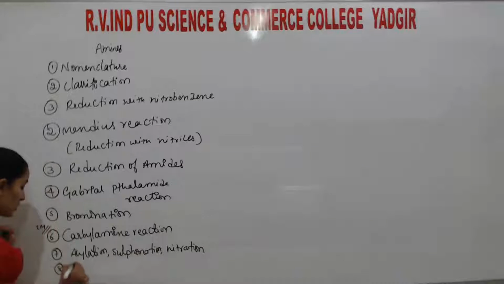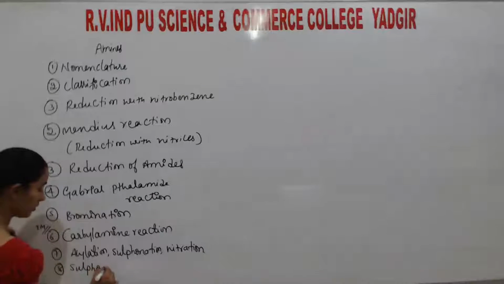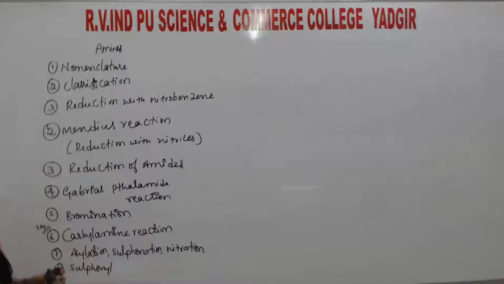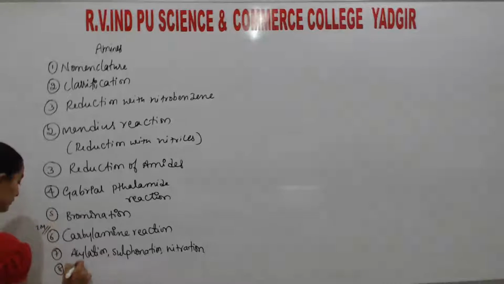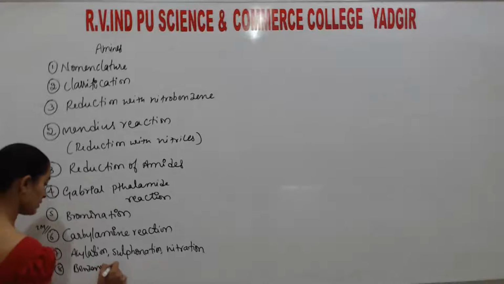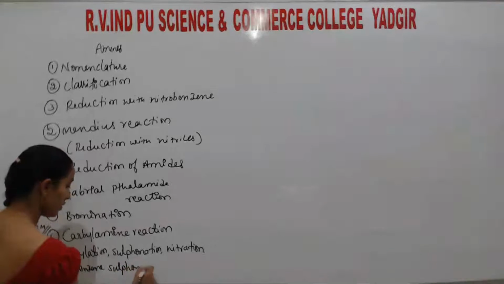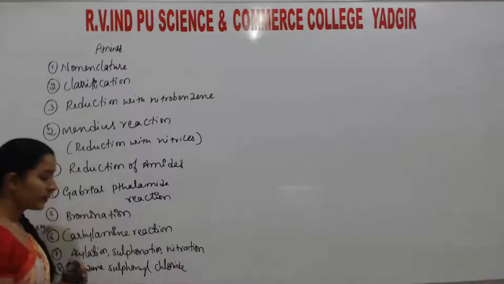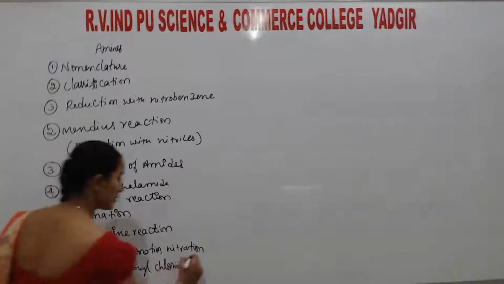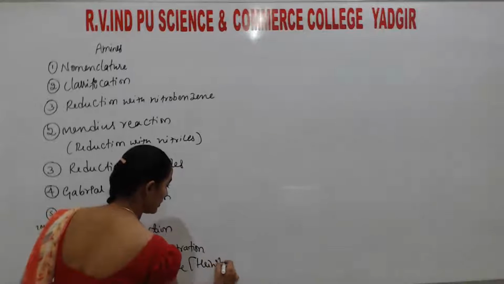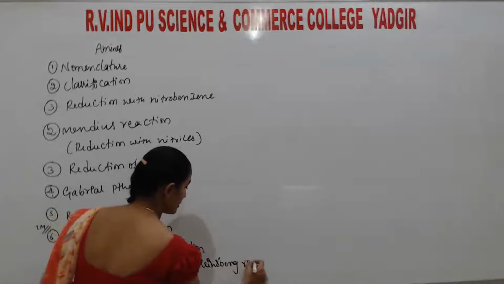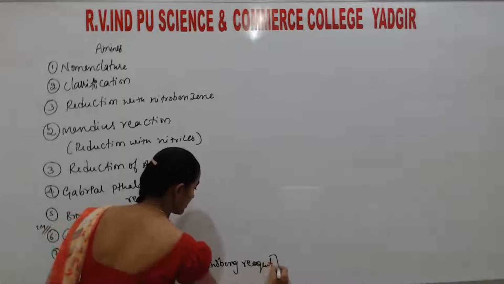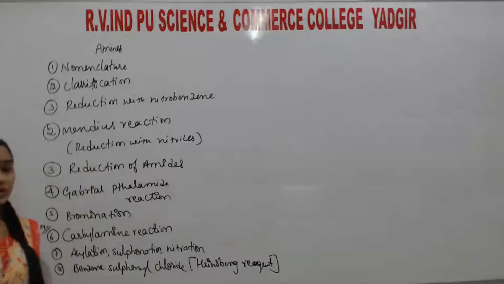And another one is the reaction with benzene sulfonyl chloride, called Hinsberg reagent. This is one of the distinguishing tests between primary, secondary, and tertiary amines.